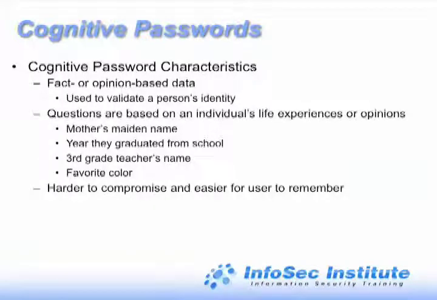Okay, cognitive passwords. Again, it's the 80-20 rule, because the 20%, the people that could get through here, are going to basically do the research and find out where the person went to school, went to high school, if they got married, what town they got married in, or multiple times what towns they got married in, their dog's name, their kid's name, things like that.